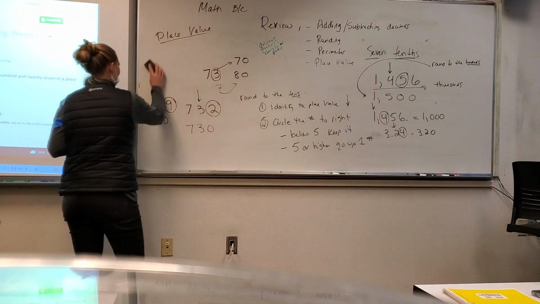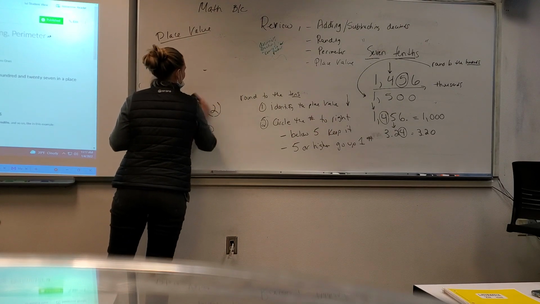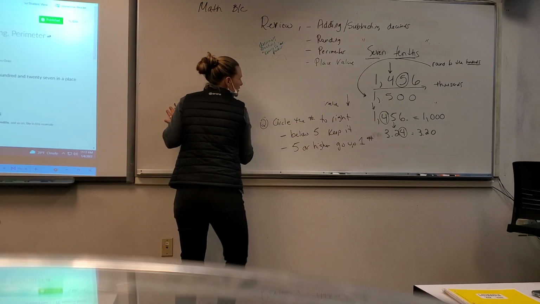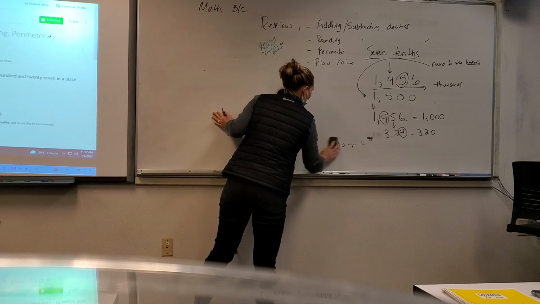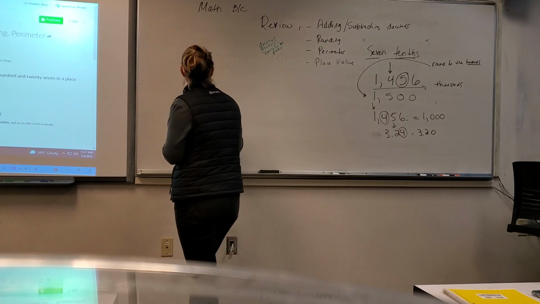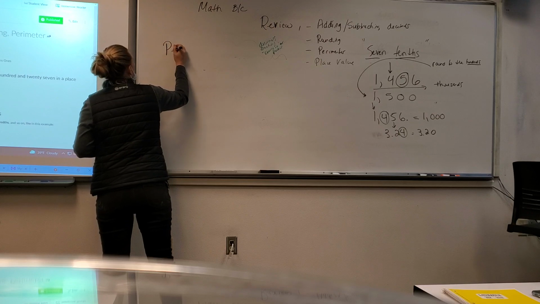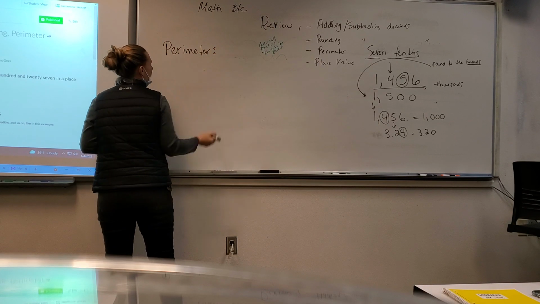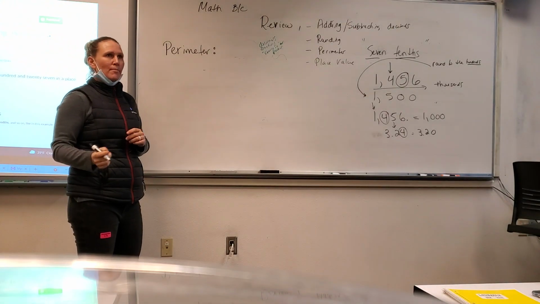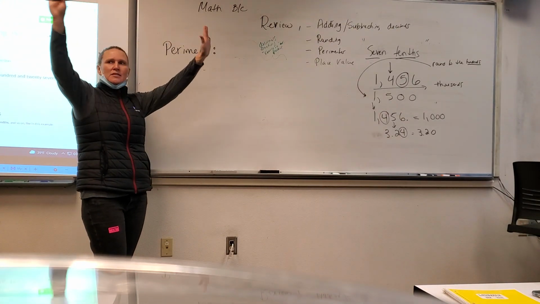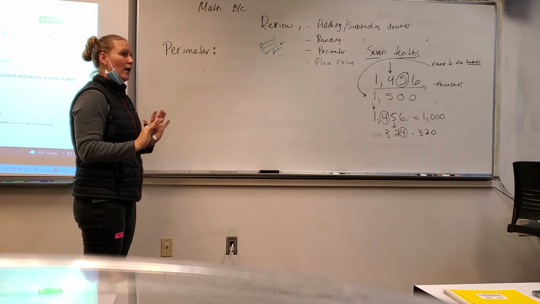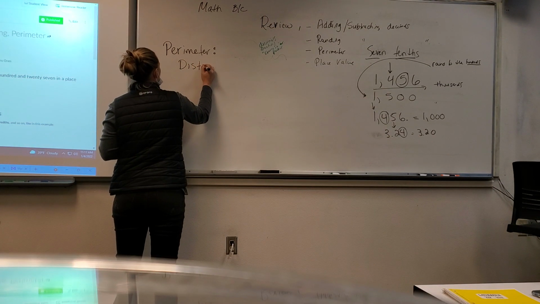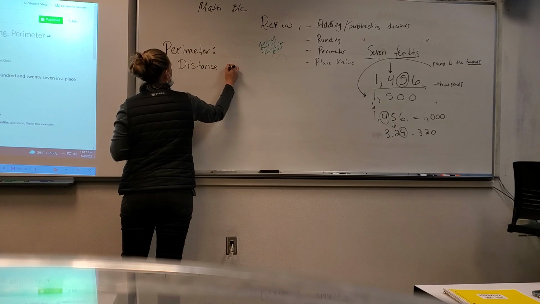Okay. And then our last thing that we're learning today is a little geometry. No applause needed. No screams of excitement. So perimeter. Perimeter is the distance around the outside of an object. Circle this in your notes so we can come back to it.